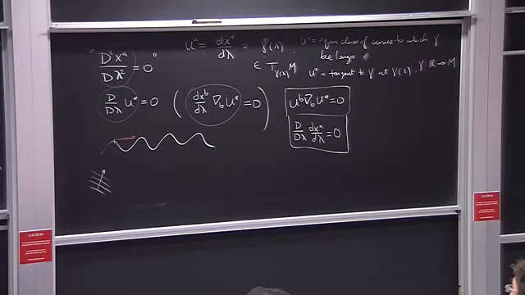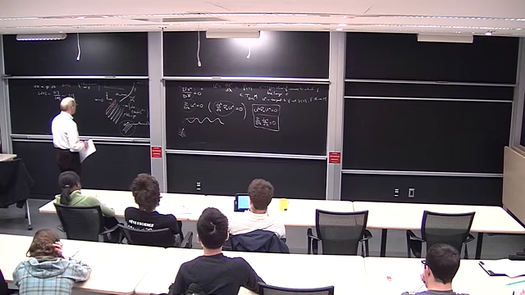What is that? It's some sort of projection down of this vector onto pure space. It's a little hard to draw.